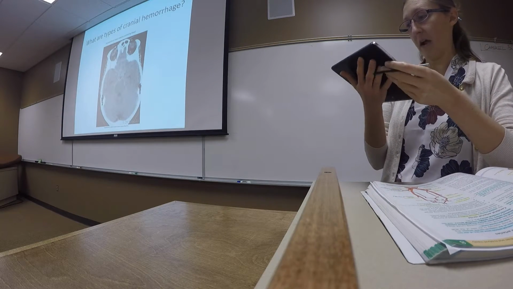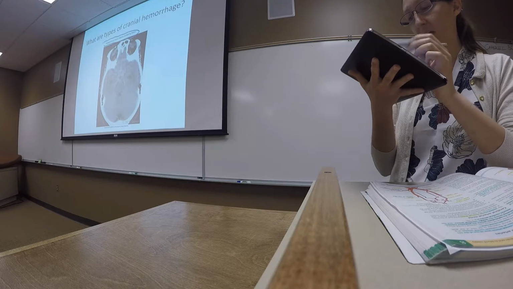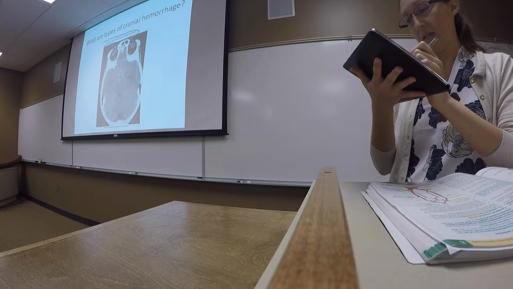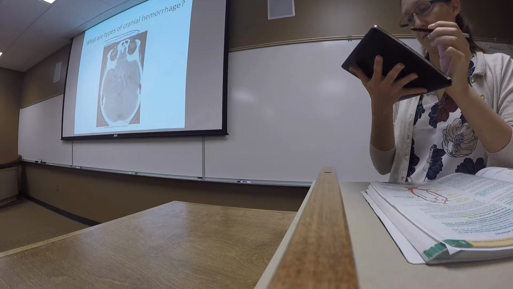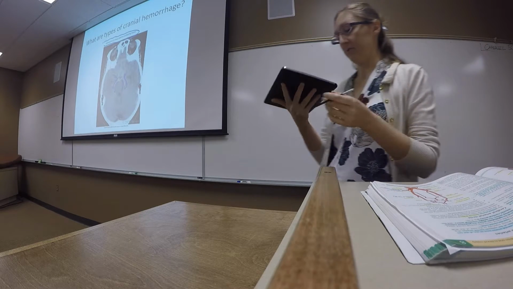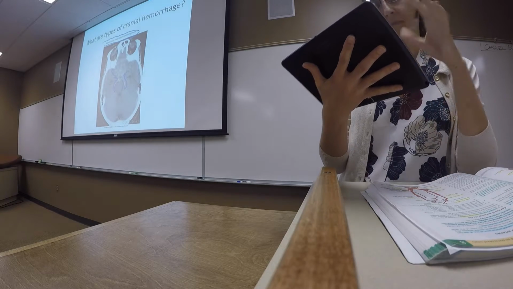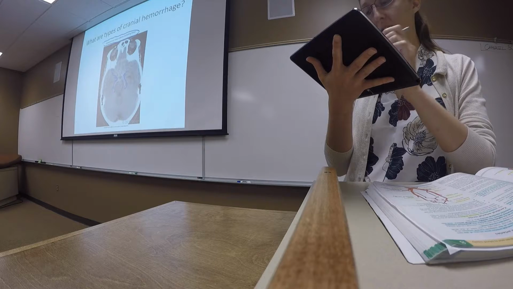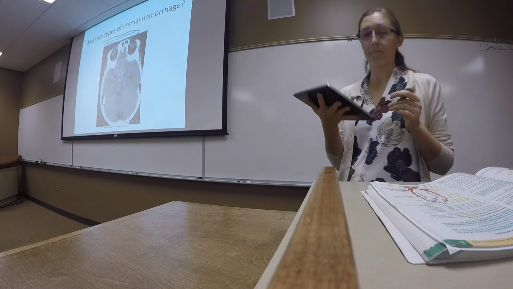And then finally we have our subarachnoid basal cisterns here. So typically you would see a darker structure in these cisterns. So CSF is going to be typically a darker color, but because there's blood accumulated, we see the lighter color there instead. So this is blood accumulating in those cisterns at the base of the brain.